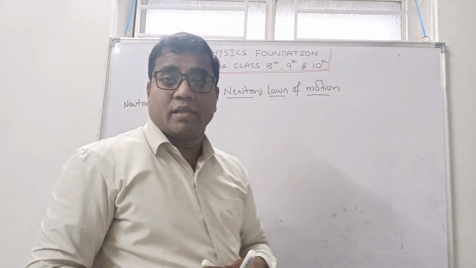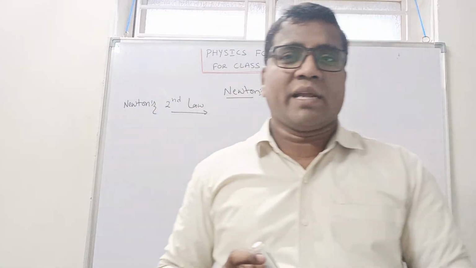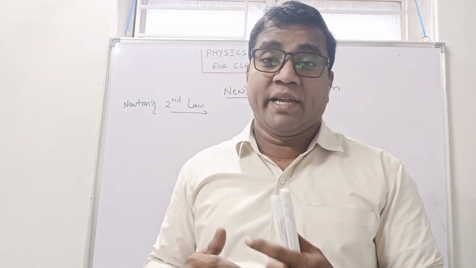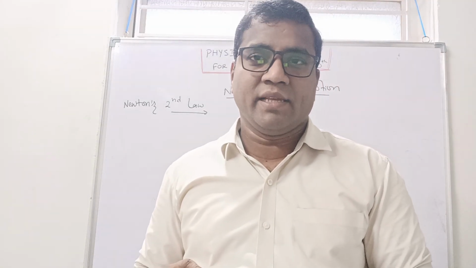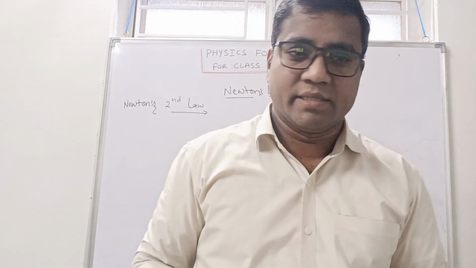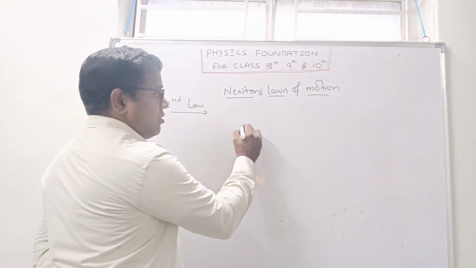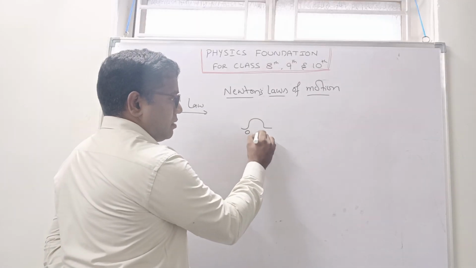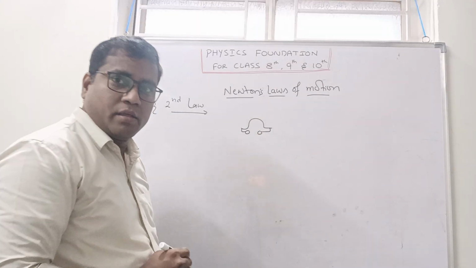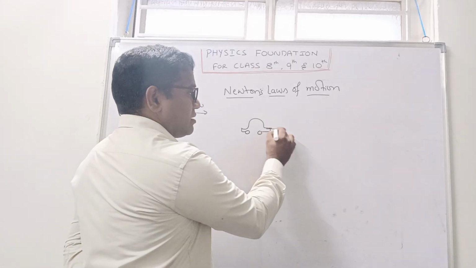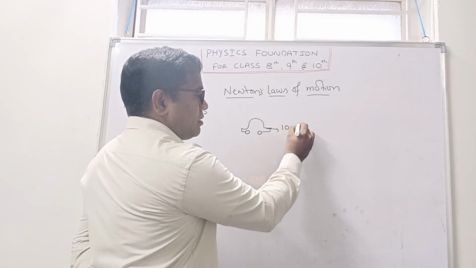Newton's second law is a quantitative analysis. So we'll try to understand what Newton's second law is. For example, here one car is moving with some speed, 10 meter per second.